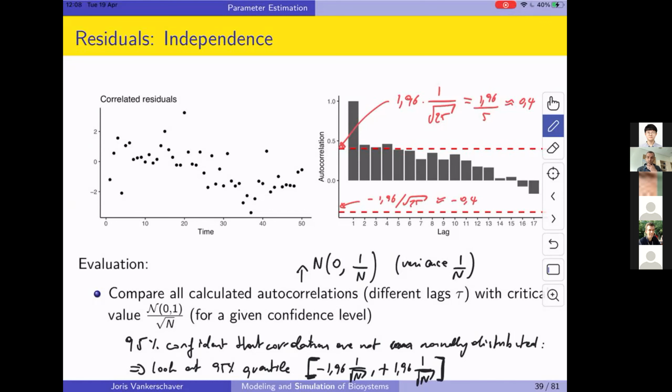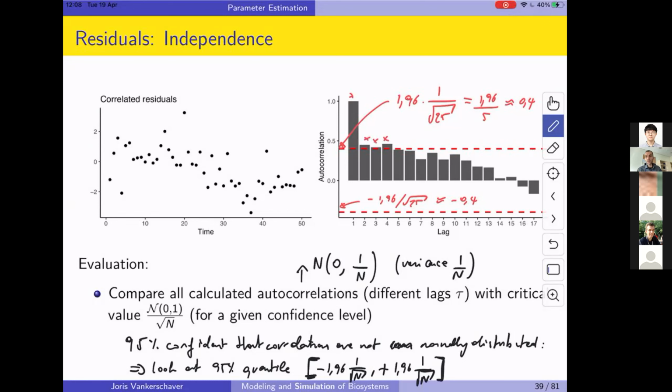Now I have that band, so what does it tell me about my autocorrelations? Now I can count. It's a 95% quantile, so I expect 95% of the autocorrelations to be within that interval. And I can already see that's not the case, because I have 1, 2, 3, 4 outside, out of 17.